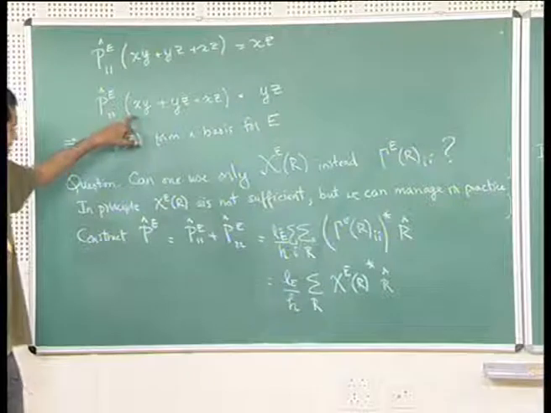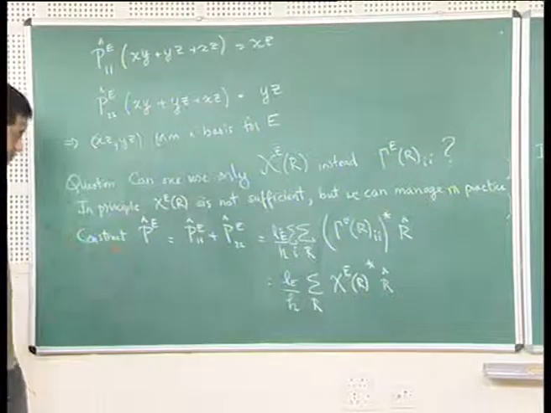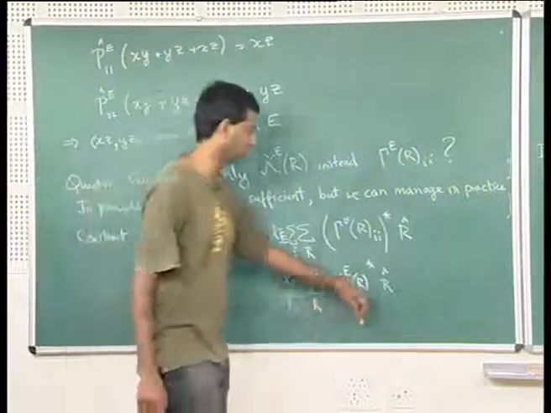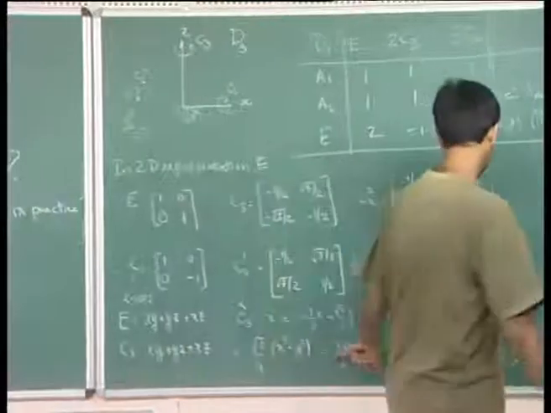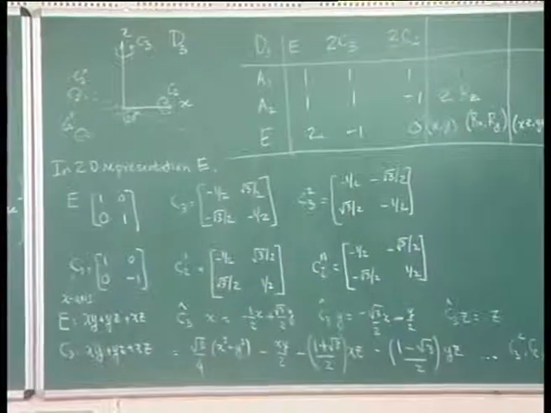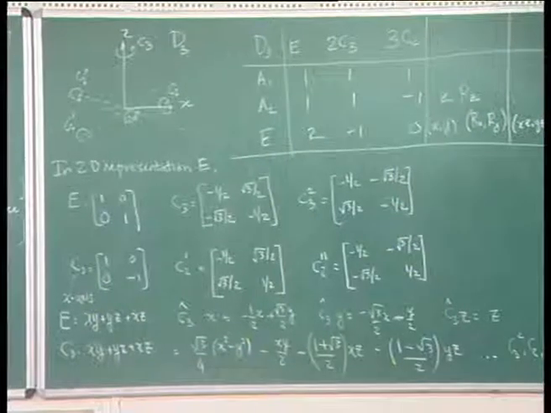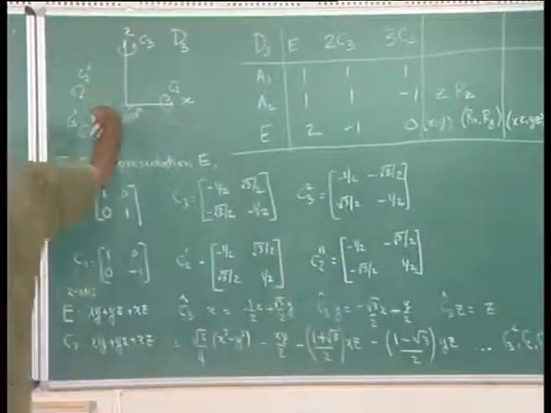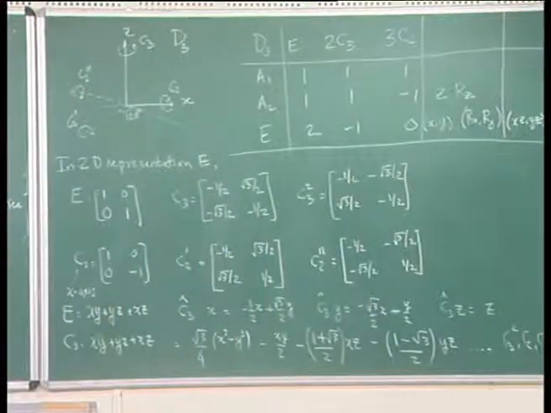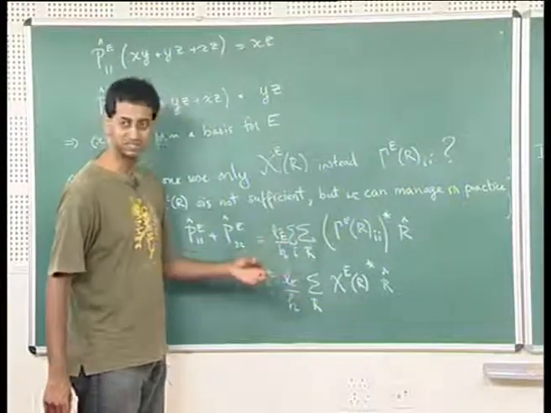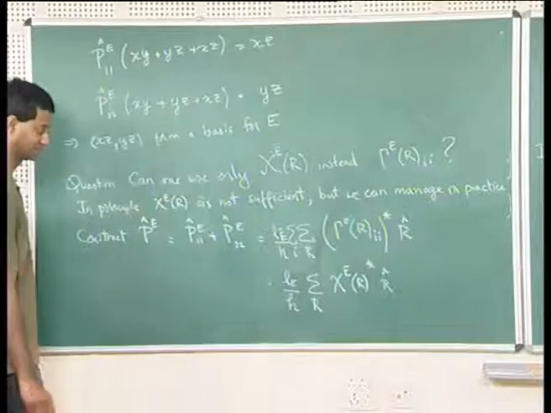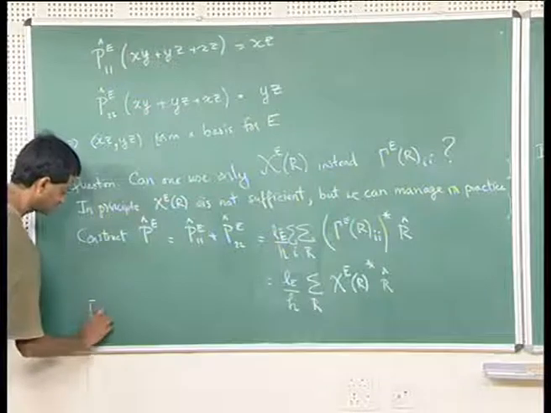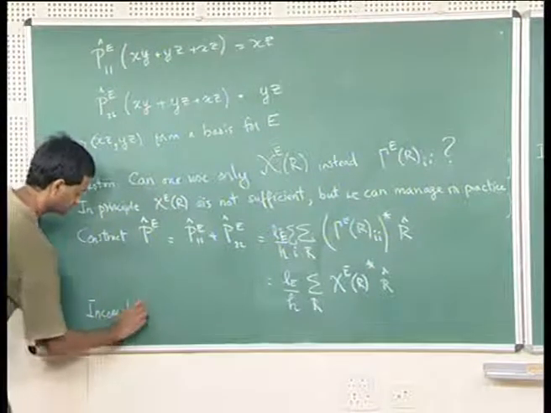But what we will see is that this turns out to be much easier to calculate. In a sense you still need to know all of these for all the operations. However, it will turn out to be a lot easier to calculate, because in some cases you just need the sum of C2 prime and C2 double prime, so you just need the sum of these three, and that in general is easier to calculate.